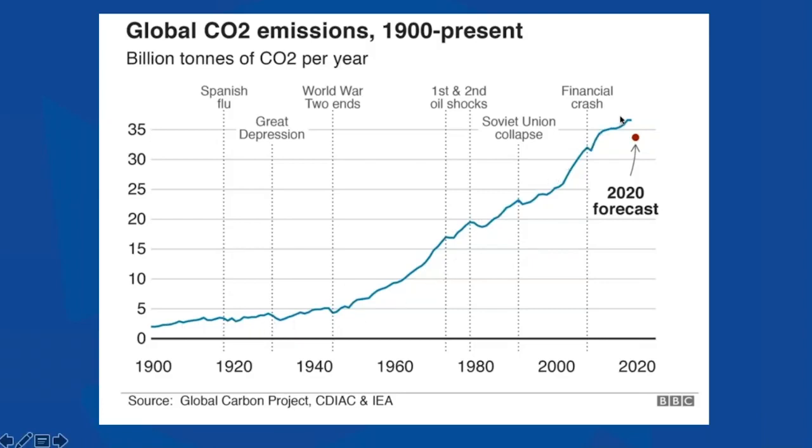It's expected as much as a 5% drop in emissions, and air quality is getting better in many parts of the world. The forecast is that those emissions will be the red dot this year. They'll fall significantly. However, when we model this and imagine the future, this is not a durable, sustainable solution to climate change.